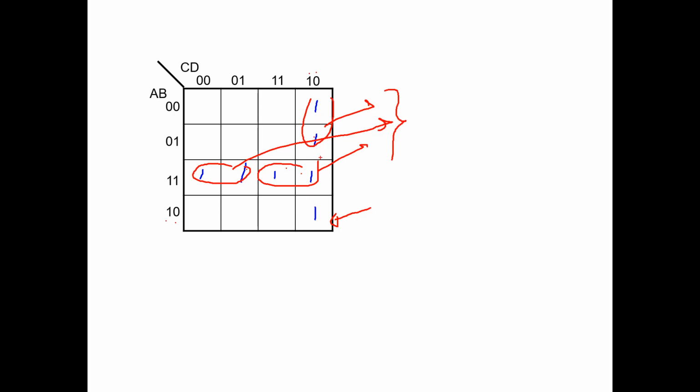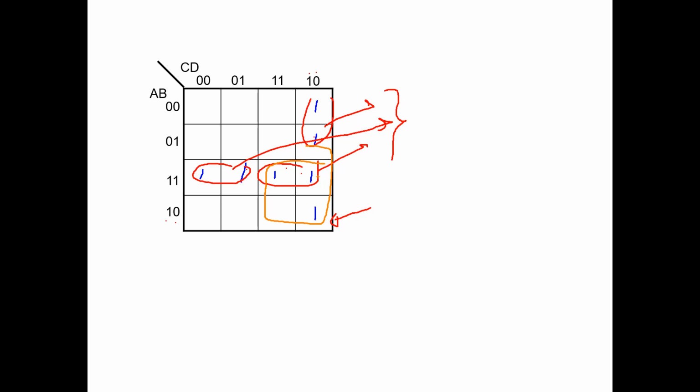Understand? So the most important thing is you must select all of these 1 cells. Only 1 cells must be selected. And be careful, do not select something like this.